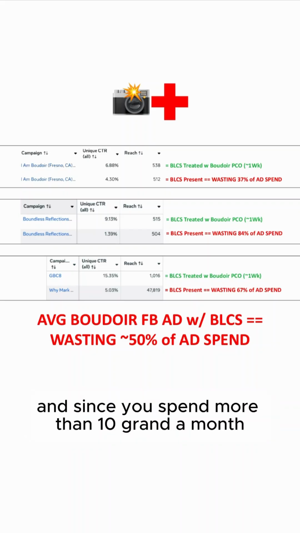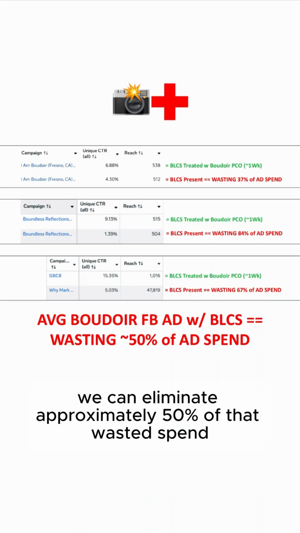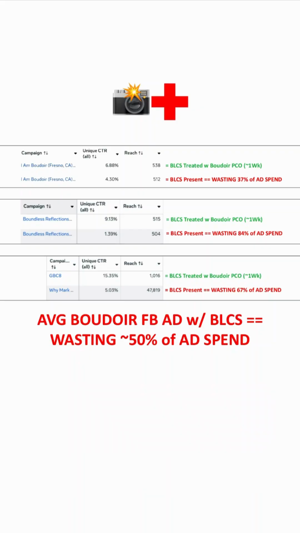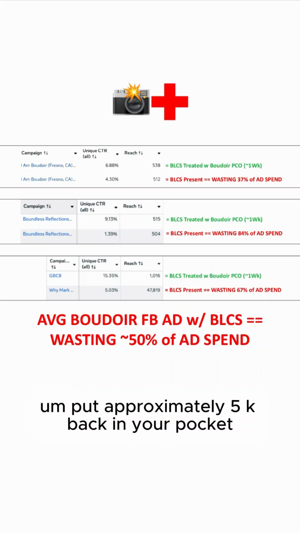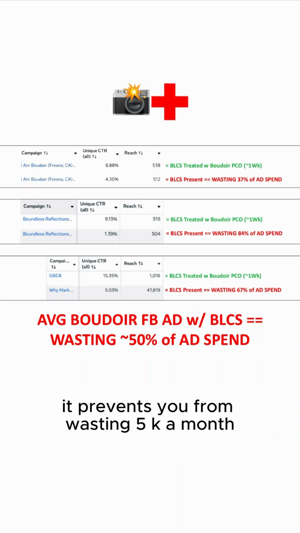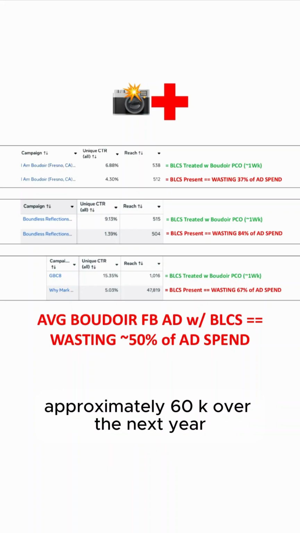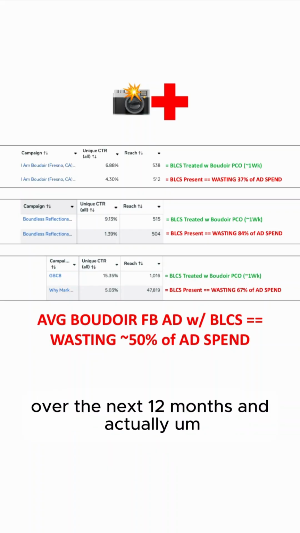And since you're spending more than 10 grand a month on Facebook ads on average, we can eliminate approximately 50% of that wasted spend and put approximately 5K back in your pocket. Well, actually, you don't even have to spend it. Prevent yourself from wasting 5K a month. Keep that in your pocket, approximately 60K over the next 12 months.